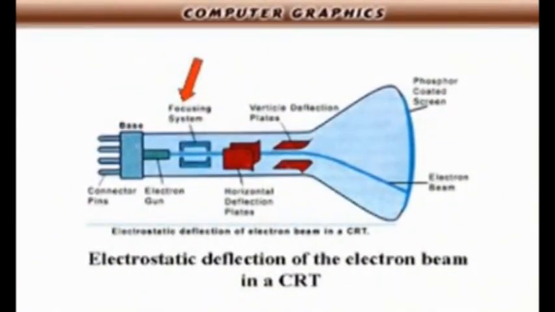In addition, the CRT has a few more components: the focusing and accelerating system, which will ensure that the electron beam has sufficient velocity and does not scatter and focuses on the screen. But here we have to address a problem. The glow remains as long as the beam is on. The glow fades off as soon as the beam is switched off.